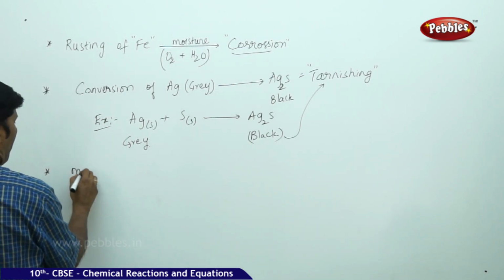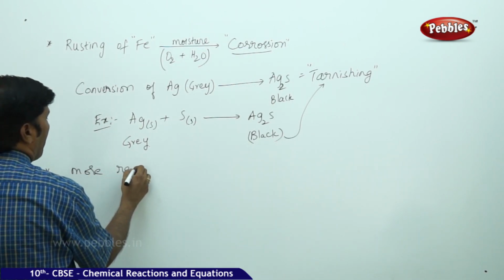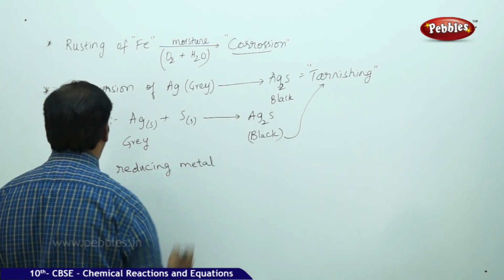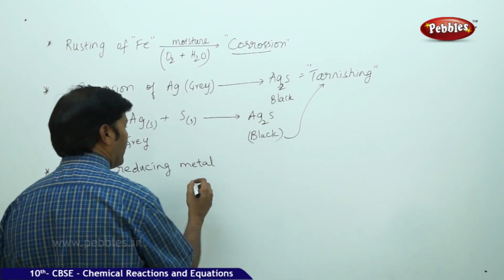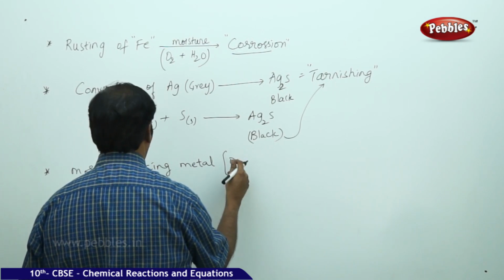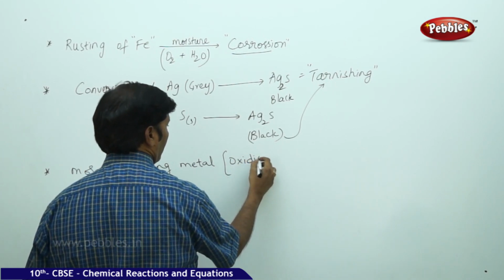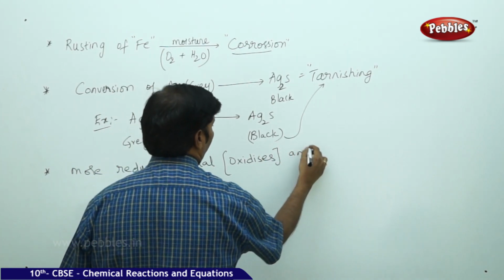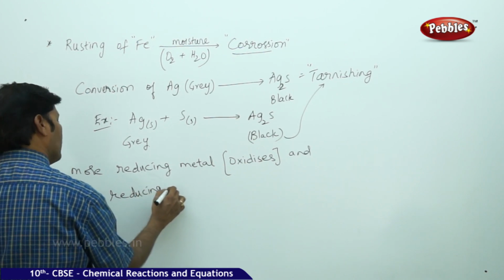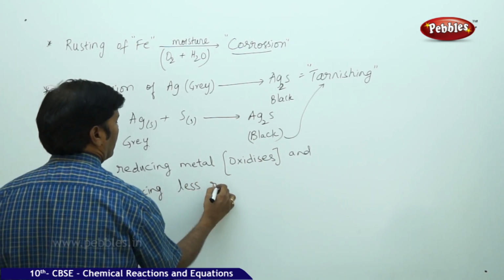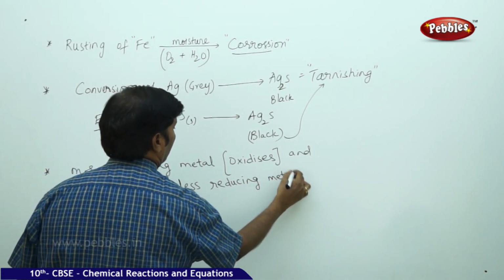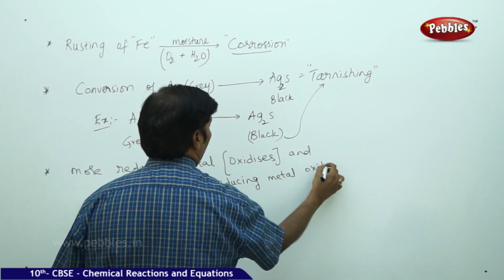Also, a more reducing metal oxidizes and reduces the metal oxide.